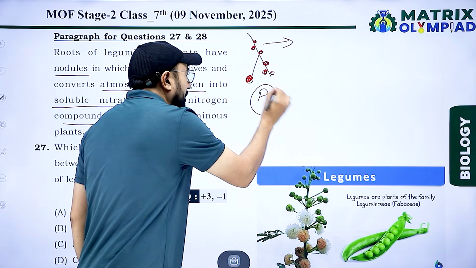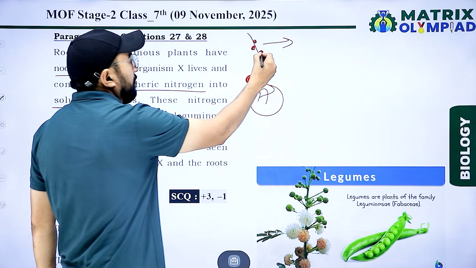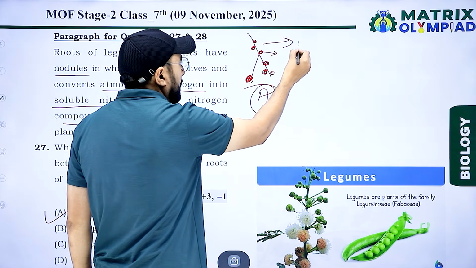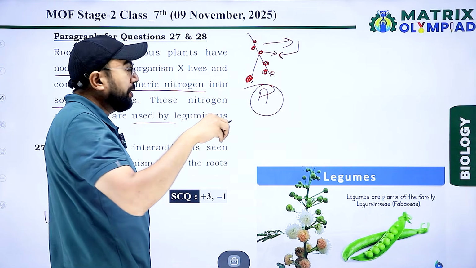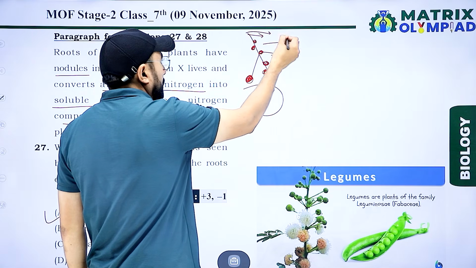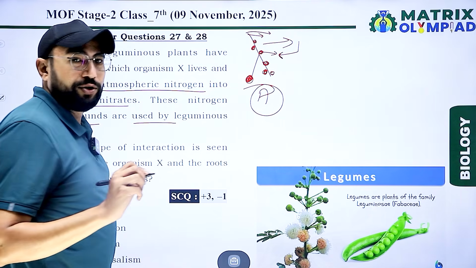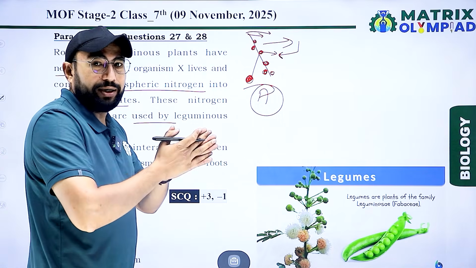Option A, symbiosis, is right, because the microbe converts nitrogen into its compounds, and protection and nutrients are given to the microbe. So, in a symbiotic relationship they help each other.